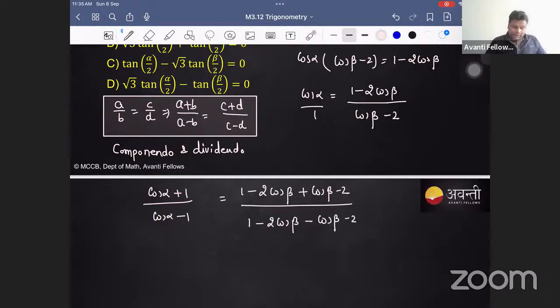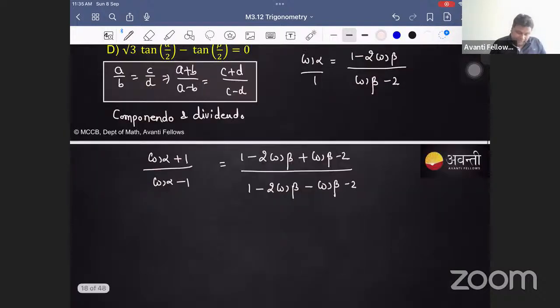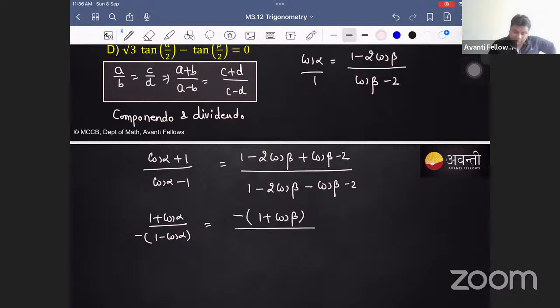Got it? So it became 1 plus cos alpha upon, taking minus common, 1 minus cos alpha is equal to, numerator will be, taking minus common, 1 plus cos beta upon, it will be plus 2 here. So 3 times 1 minus cos beta. Got it? Now this minus minus goes positive.